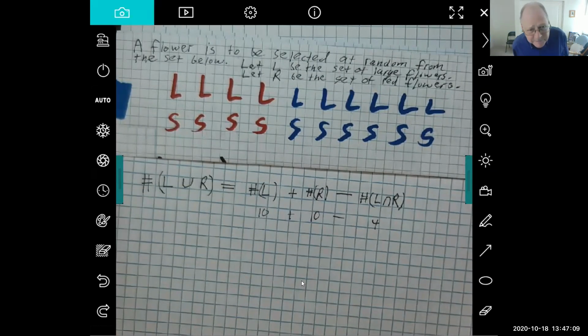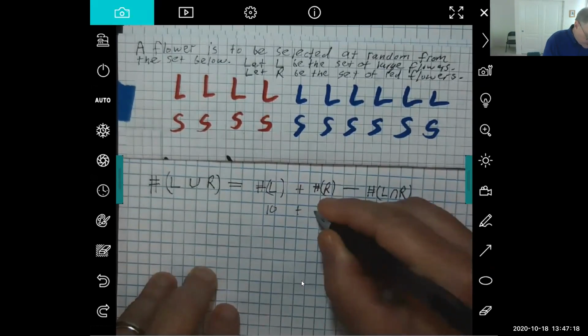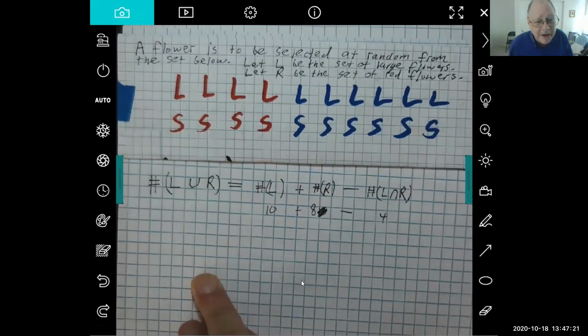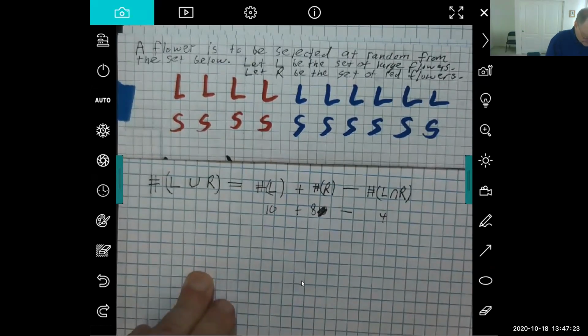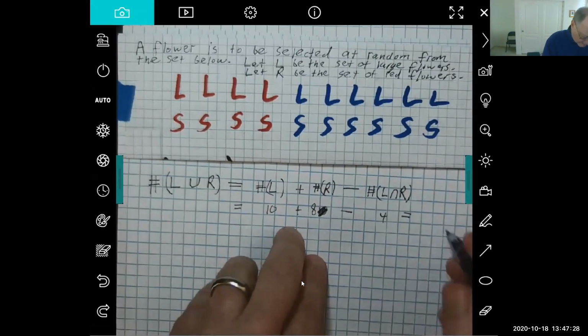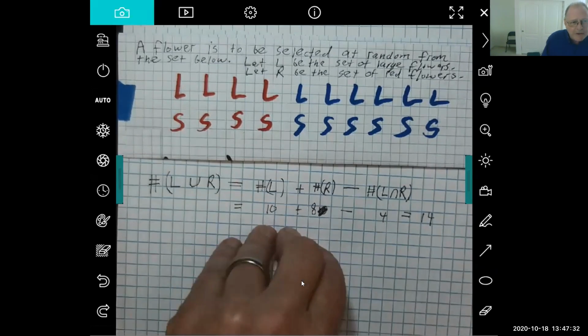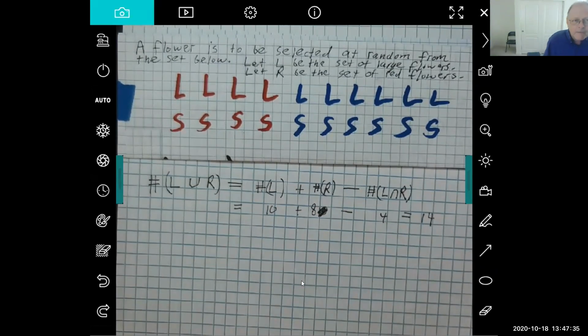Okay. So what do we get? Oh, I was wrong though here. There were only 8 red flowers. So I get 14. We could have just counted, but I want to do a little calculation, come up with another equation that we can reuse.